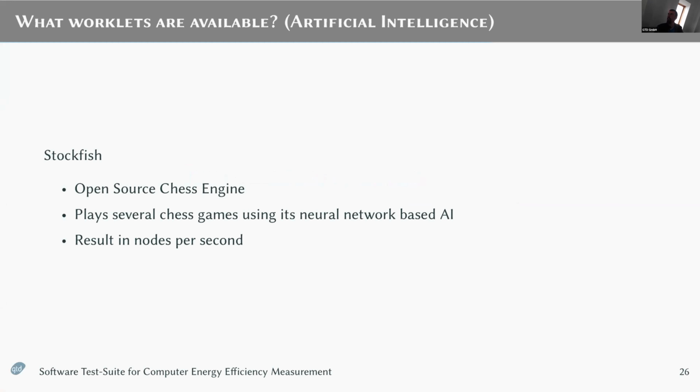So we have, in the category artificial intelligence, a worklet based on the Stockfish chess engine. It uses neural networks to play various chess games, and you get a result in nodes per second. I think Stockfish is relatively well known in the computer chess space, and I think it's a great software.